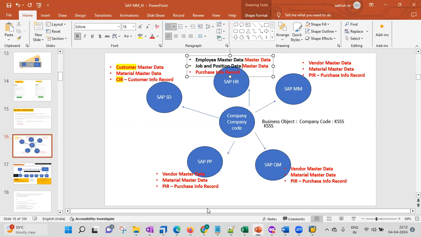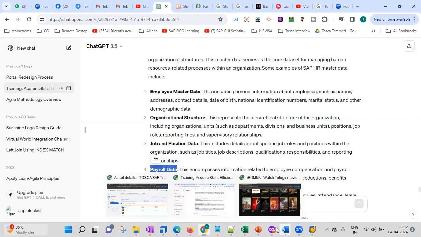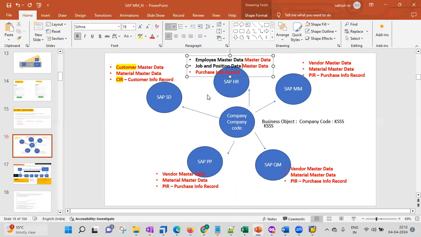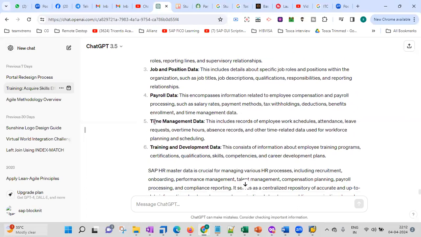Let's take another one, payroll data. I have written only three. If you want me to go ahead and write all, I can write.